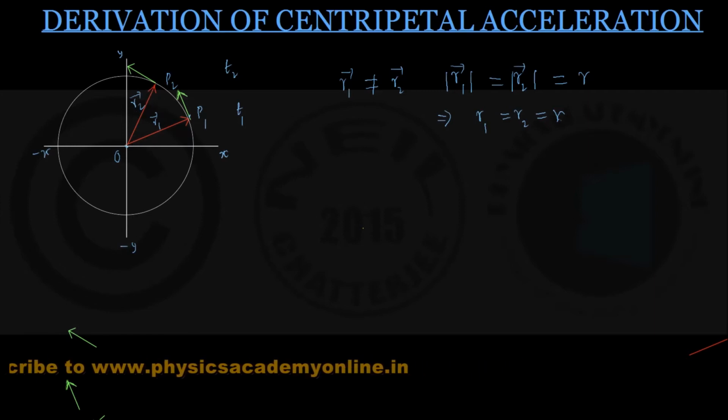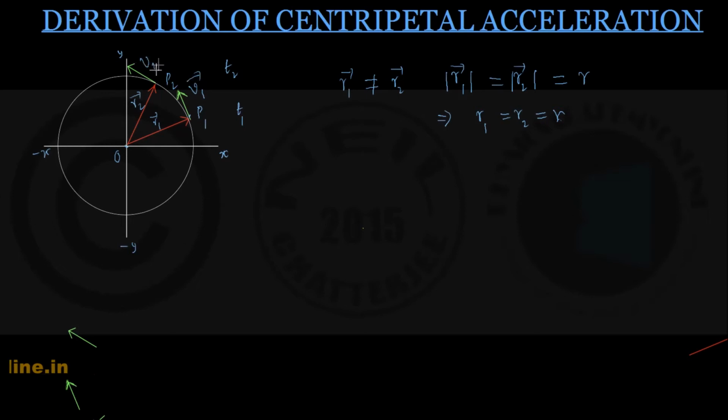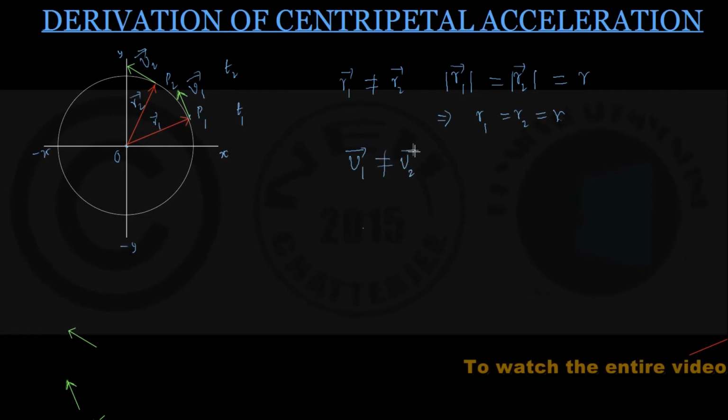So we might call these two vectors V1, for the initial position P1, and later it has gone to v2, and that velocity vector is called v2. See once again that the v1 velocity vector is not equal to velocity vector v2 because they have different directions.